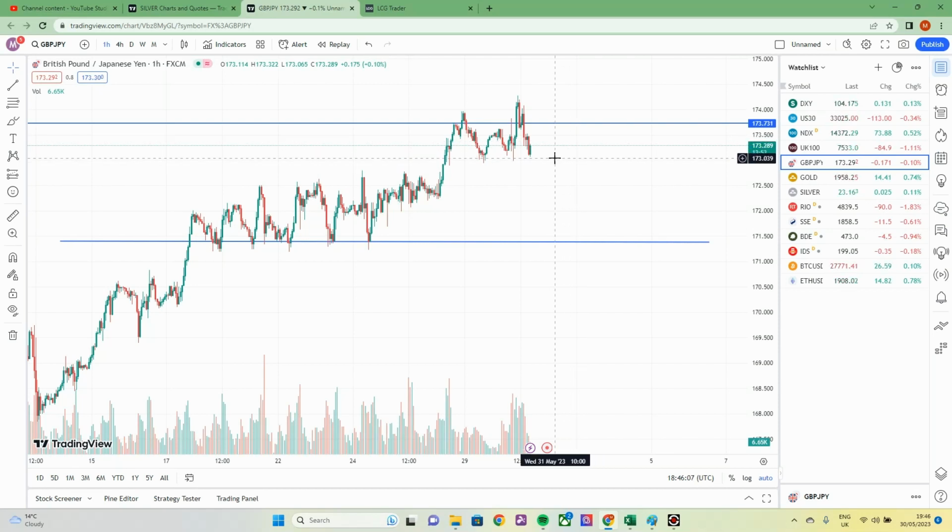If it does, then what we've now got is a lower high, because at this point here, we just draw a line. So if it comes up and tests this line, say it finishes here, and then it comes back down, say about here, and then comes back up to finish going down like that.